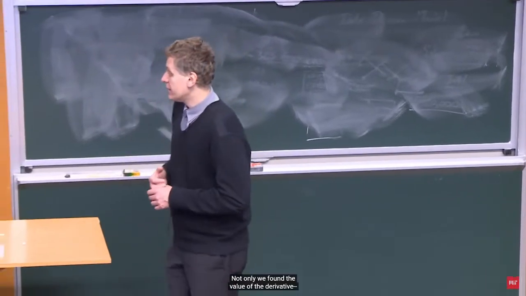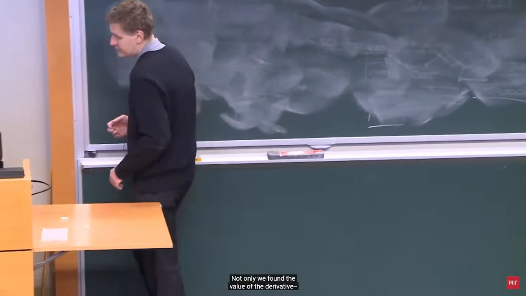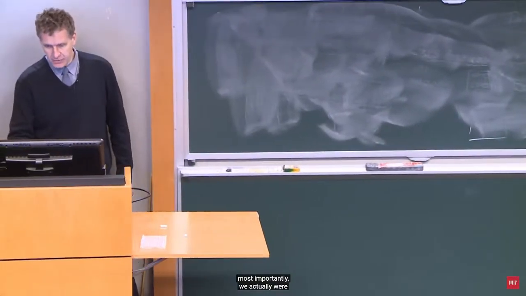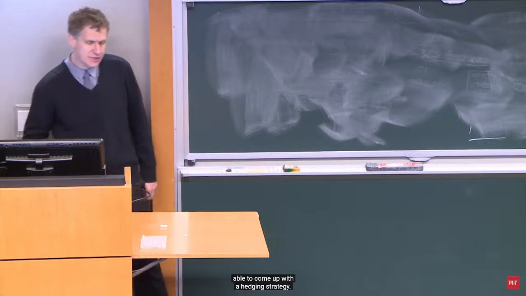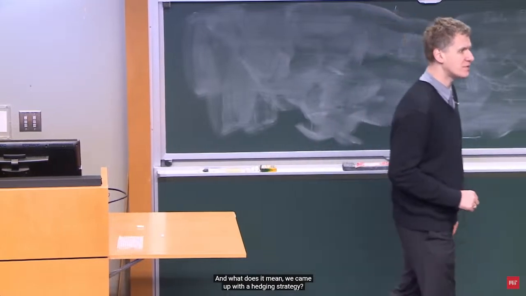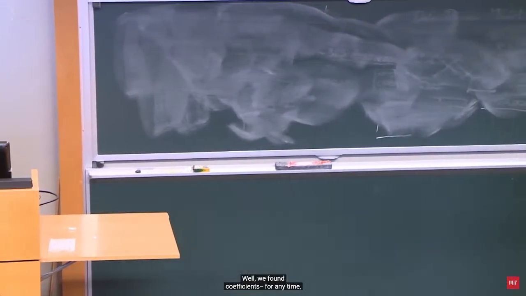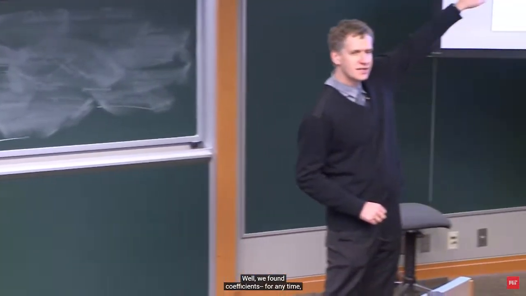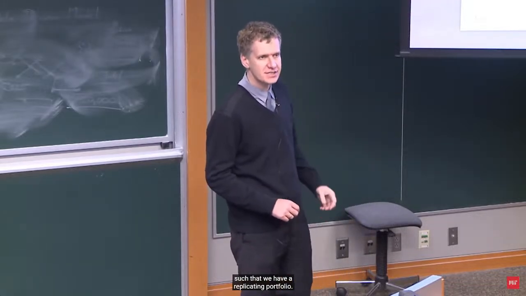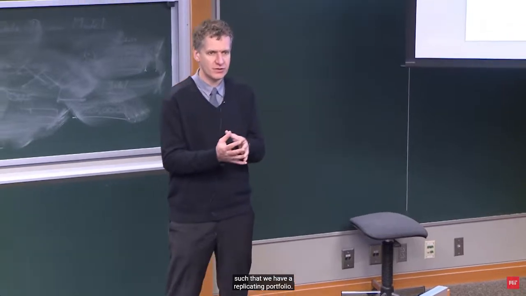Not only did we find the value of the derivatives, most importantly, we were able to come up with a hedging strategy. And what does it mean we came up with a hedging strategy? Well, we found coefficients for any time. We found the coefficients A and B such that we have a replicating portfolio.